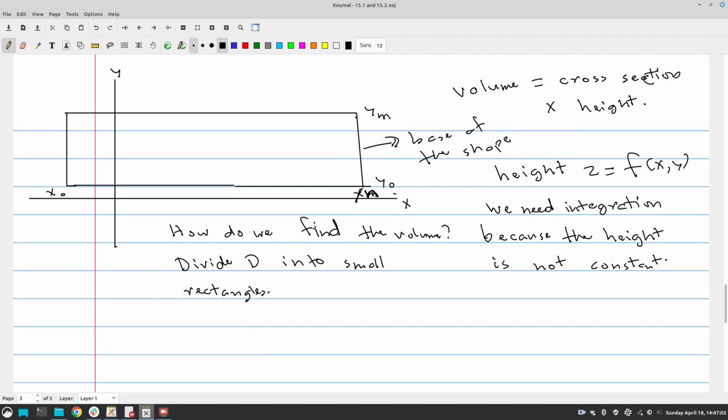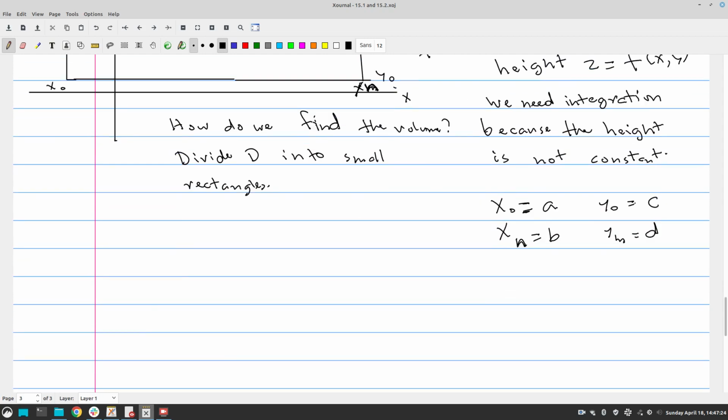Let x0 equal A, xn equal B, y0 equal C, and ym equal D. This is my region D. D can be written as the set of x, y where x is in the interval AB and y is in the interval CD.